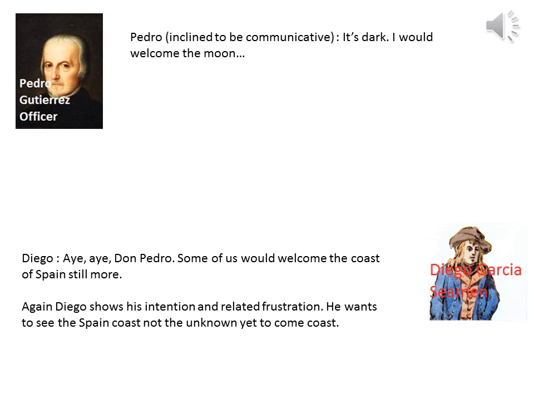Diego, as a response, says, aye, Don Pedro. Some of us would welcome the coast of Spain still more. So, since you are welcoming the moon, we are welcoming the coast of Spain. Here Diego shows his frustration, and he wants to see the Spain coast, not the unknown coast yet to come. So his frustration has started growing.